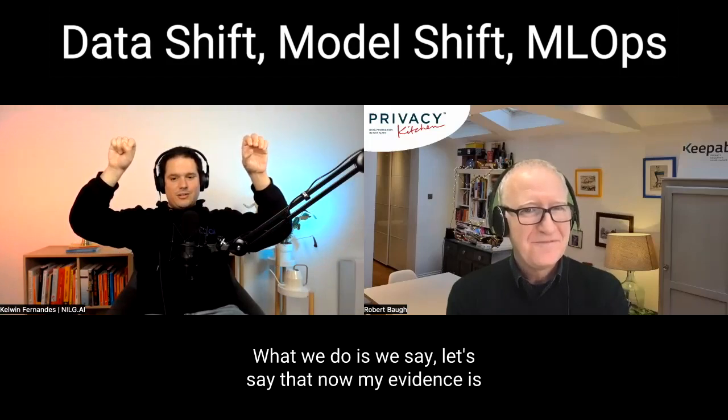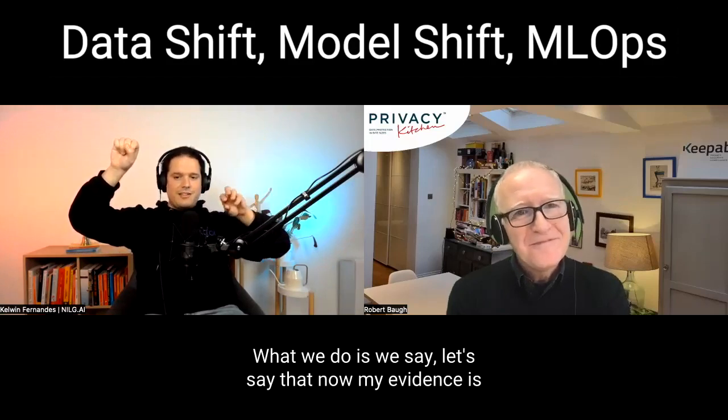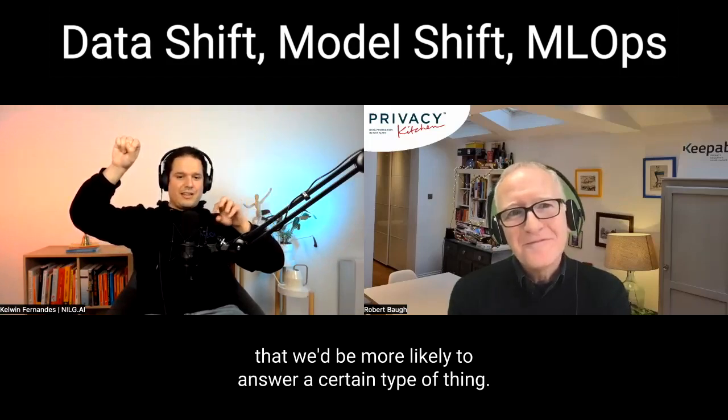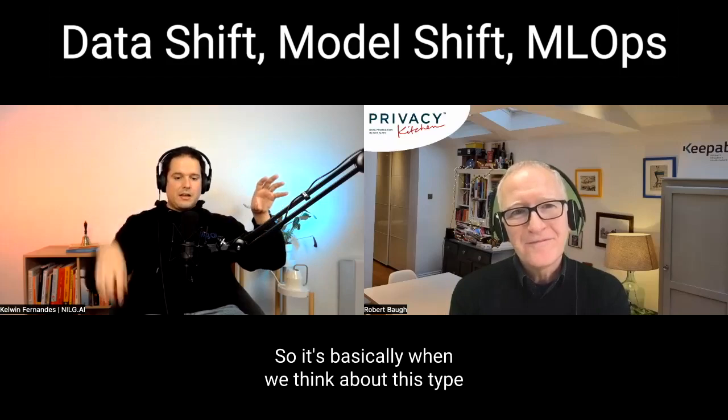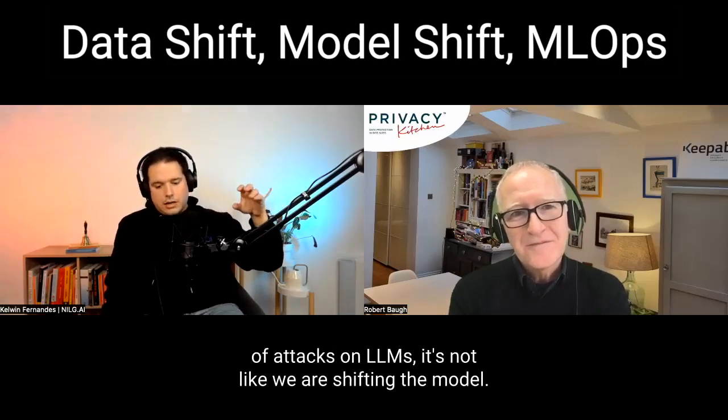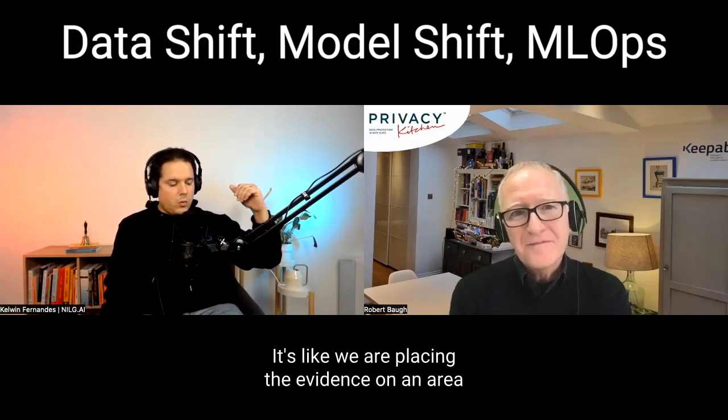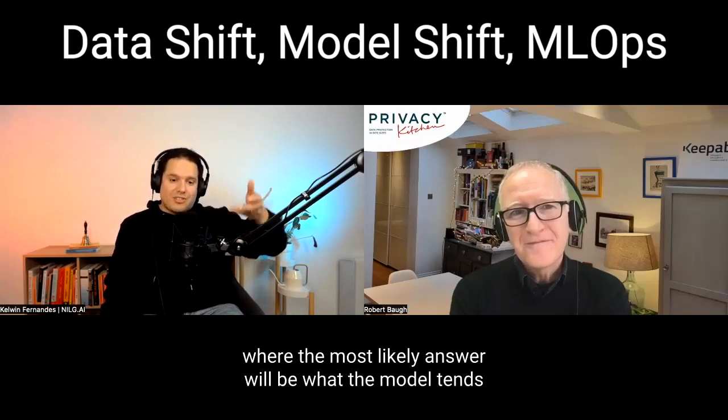What we do is say, let's say that now my evidence is around here, which is an area where it will be more likely to answer a certain type of thing. So when we think about this type of attack on LLMs, it's not that we are shifting the model. We are placing the evidence in an area where the most likely answer will be what the model tends to give.